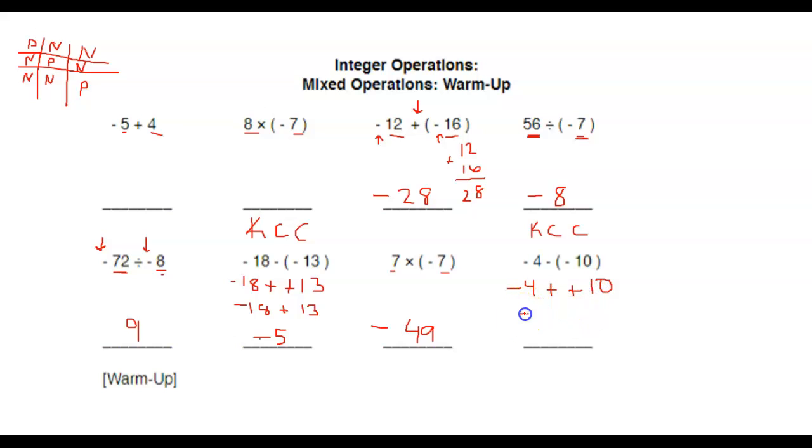So really this is saying -4 plus 10. And now I know that I'm just subtracting the numbers, right? -4 plus 10 is going to give me a 6. And I know that this is going to be positive because 10 is the bigger number and it's positive.